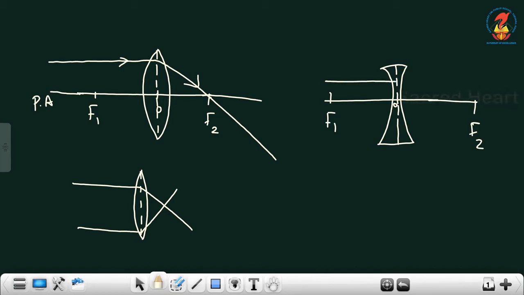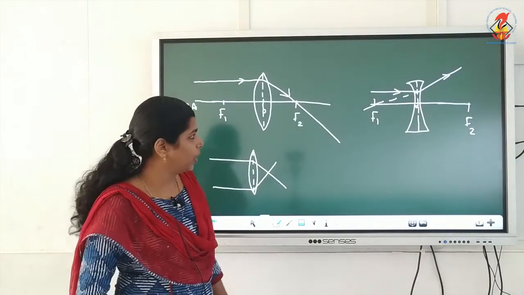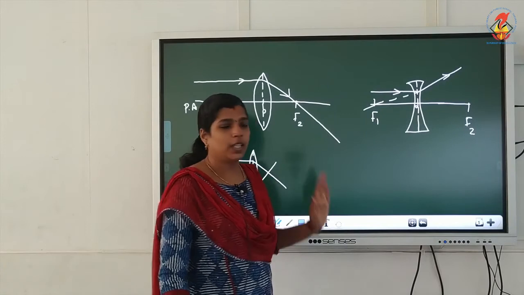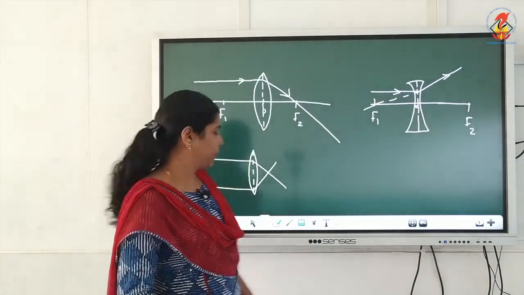A ray of light parallel to the principal axis, after refraction, diverges. So you need to backtrace this line, and that backtrace line normally we will draw with dotted lines, and it appears to come from the principal focus on the same side of the lens. That is the first rule.